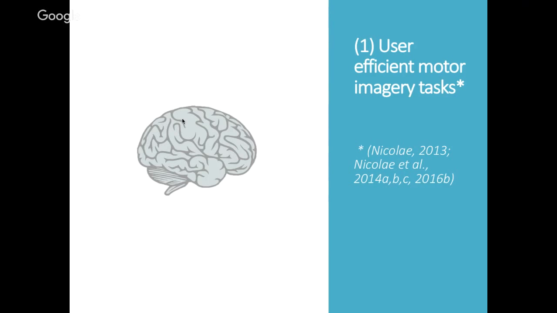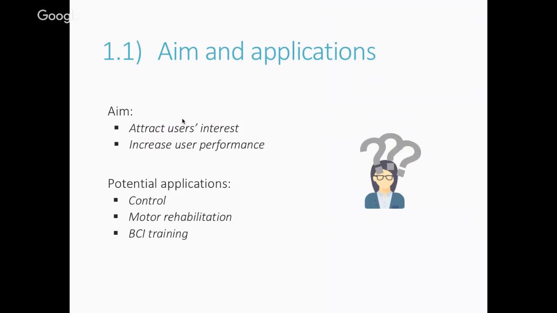And now the idea is that in a standard motor imagery BCI, the tasks are really tedious for the user. And the idea is to select specific tasks which relate to the user interest.